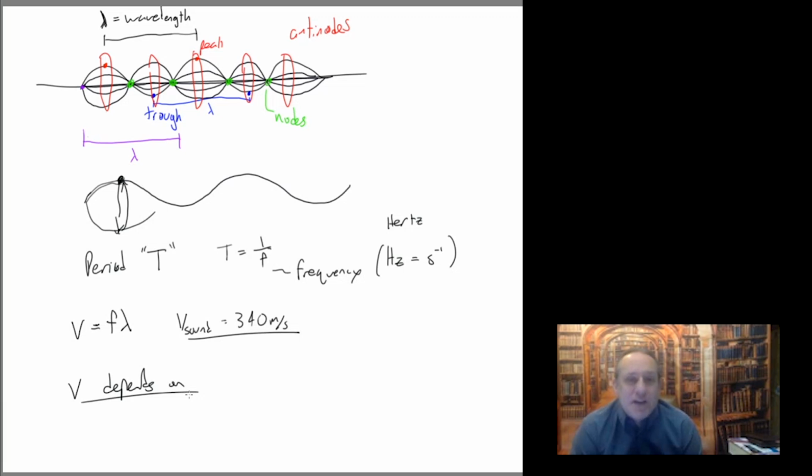Yeah, and the tighter it gets, what happens to the pitch? The higher it gets. Okay, so it looks like the frequency is kind of proportional to the tension. It turns out it's proportional to the square root of the tension.